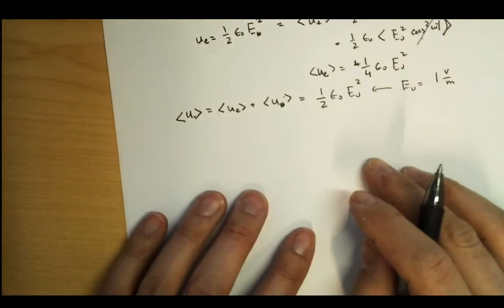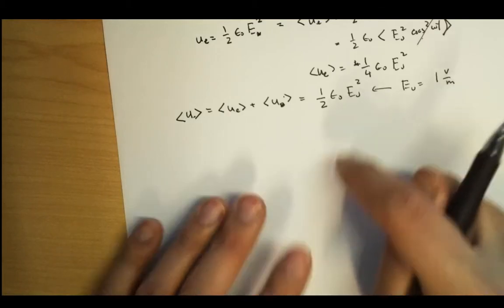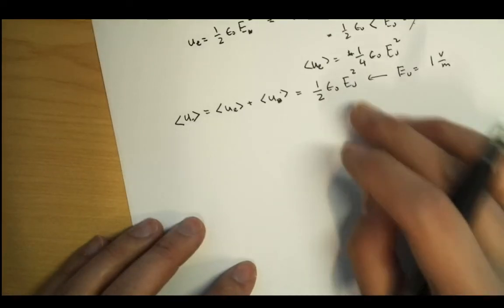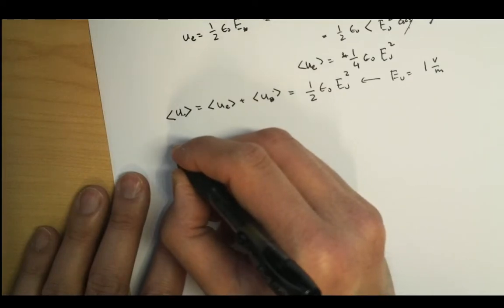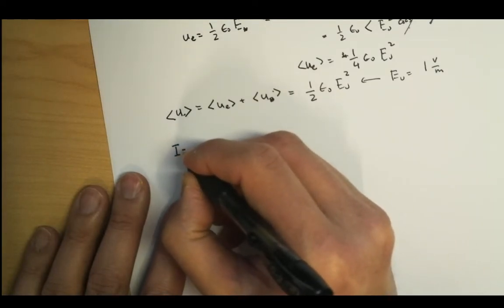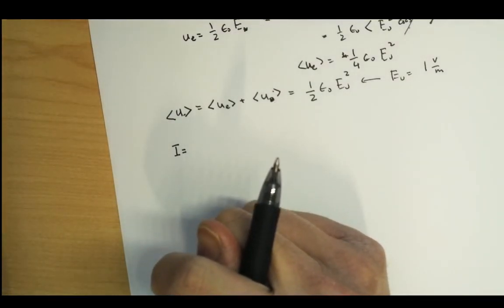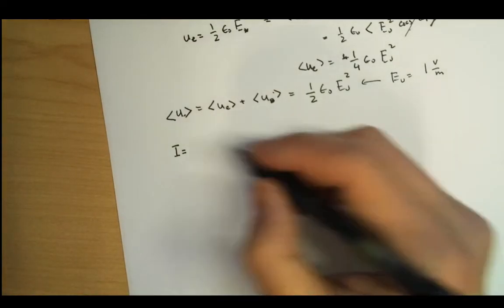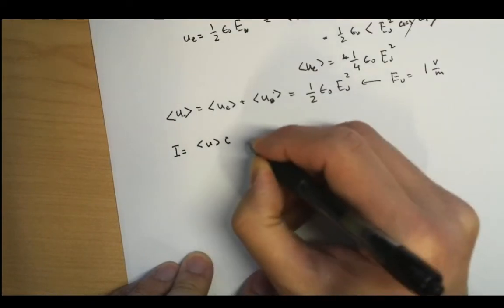Okay. And what I want to do is convert this into something that I can state as intensity. So in order to do that, we're going to do the following. The intensity I is equal to the average energy density times c, which is the speed of light.